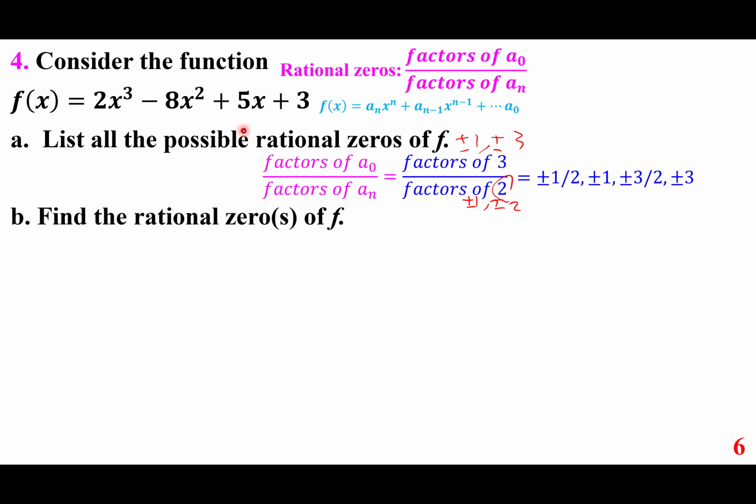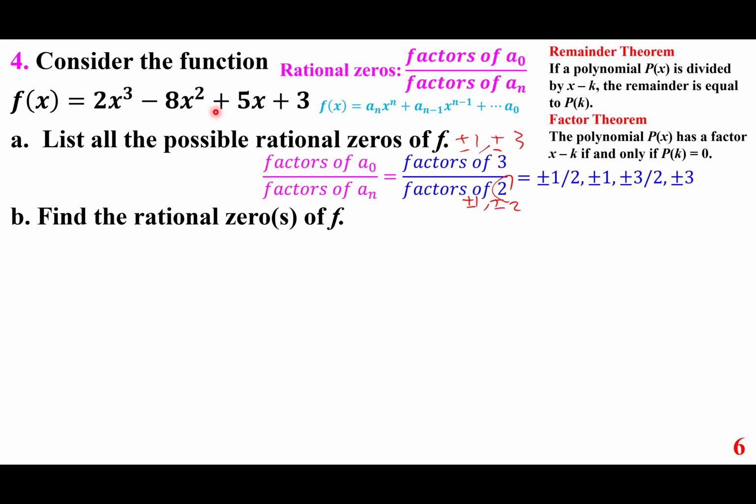You plug in each one and see which one gives you 0, because according to the remainder theorem, if a polynomial p of x is divided by x minus k, the remainder is equal to p of k. So for example, if I plug in 1 and I get 7, that means if I were to divide by x minus 1, I get 7. That's the meaning of it.